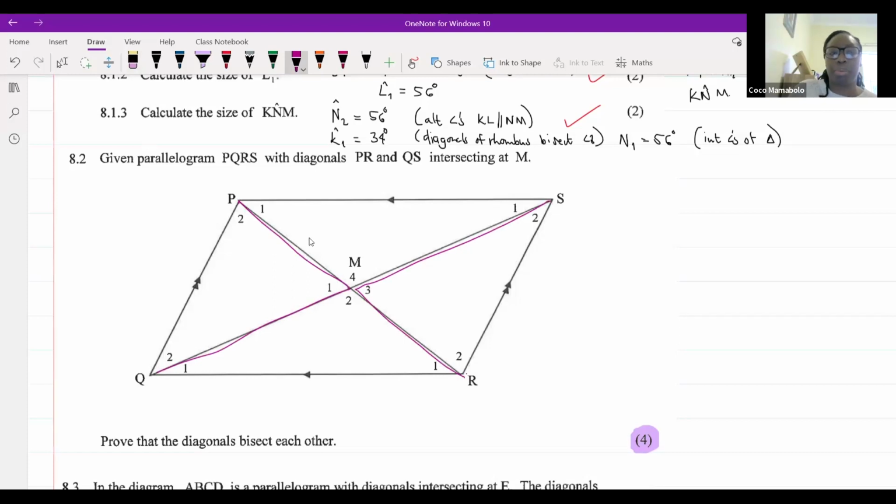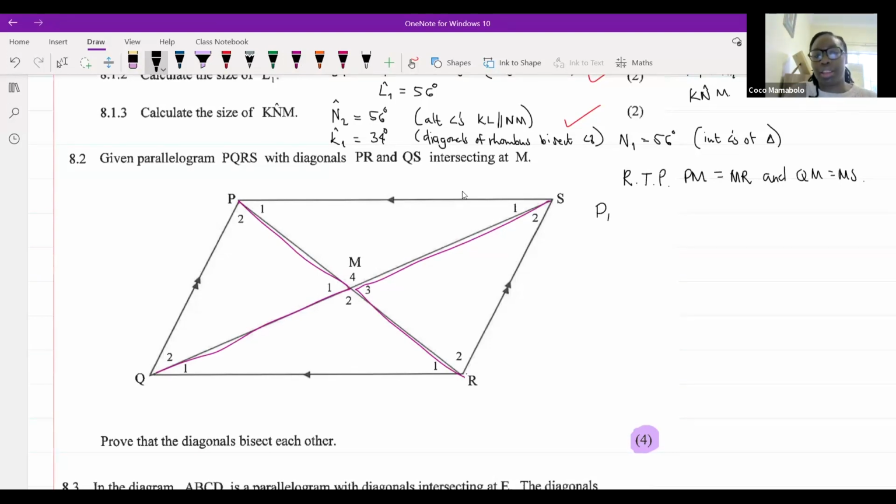So for my proof, I'm required to prove that PM is equal to MR and that QM is equal to MS. That's going to be my required to prove.